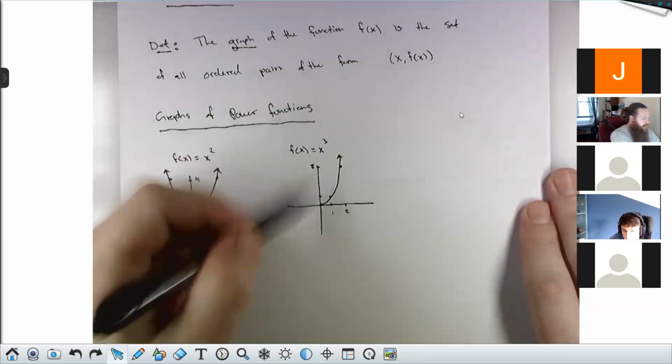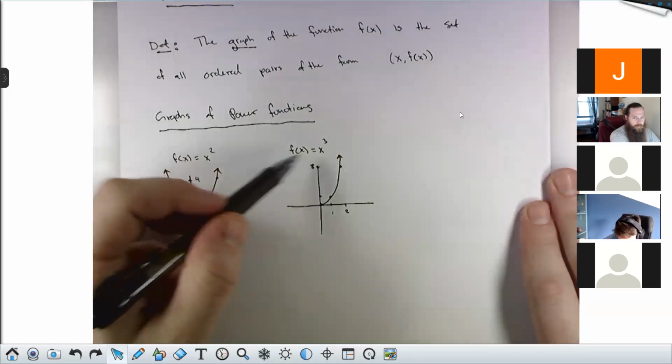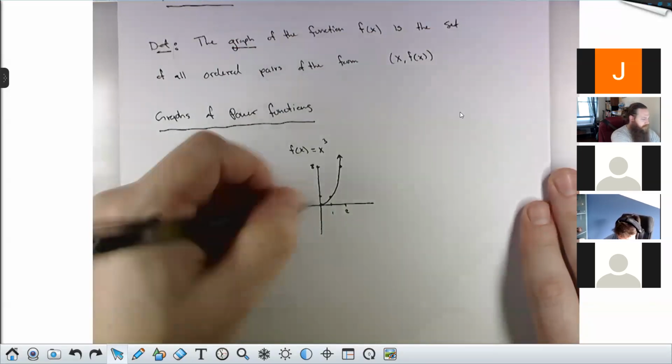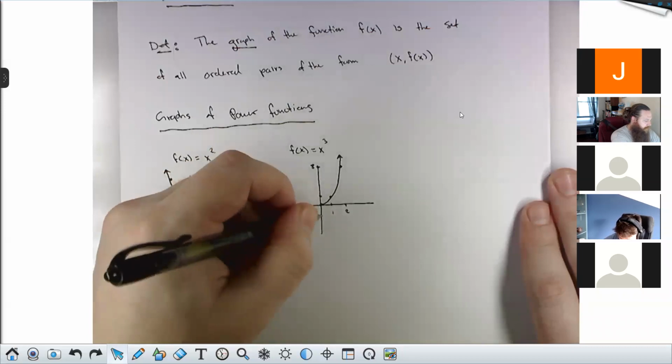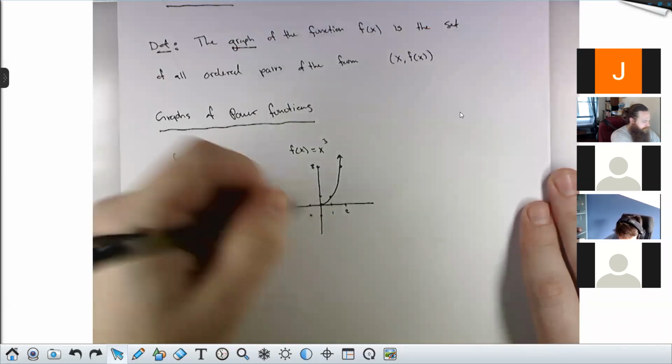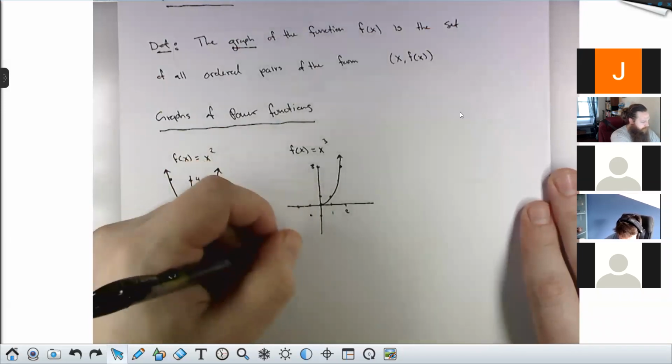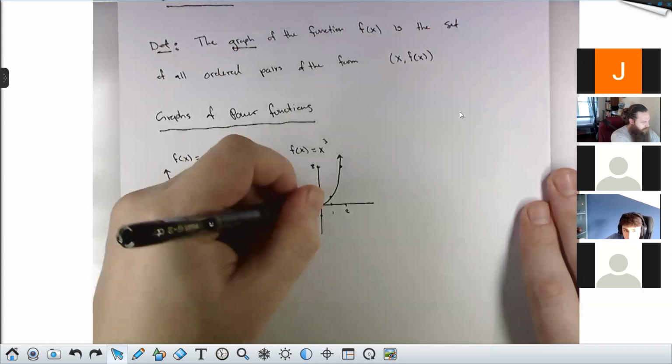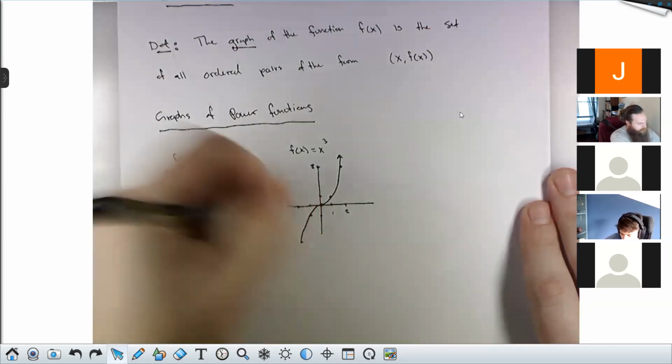But there isn't anything over here in quadrant 2, because when you cube a negative number, you get another negative number. So what you have over here instead is something looking like this.